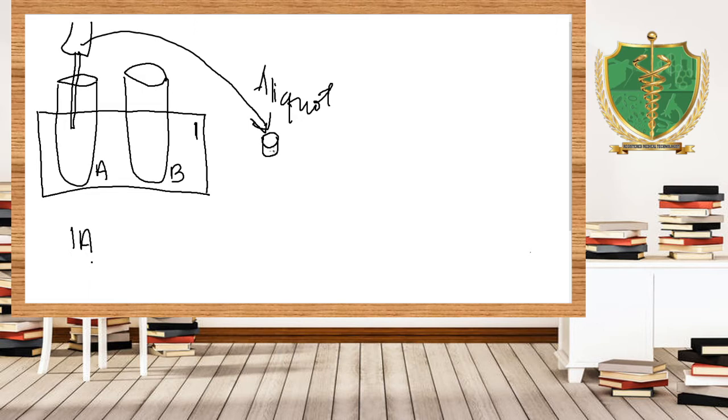Okay? And this sample will be used for the analysis. Dito na rin po ilalagay yung ating tinatawag na reagent if we have wet chemistry. Okay? So aliquot is a measured aspiration of a sample using a probe.